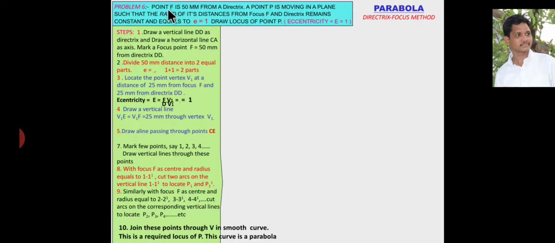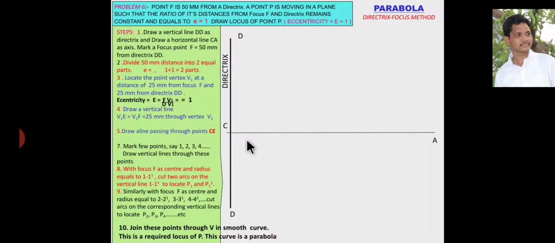Here F means fixed point, so the distance between F and directrix is 50 mm. So first of all draw an imaginary vertical line, that is DD as directrix. Then draw an imaginary horizontal line, that is CA as axis.